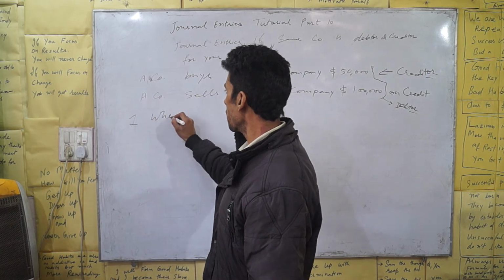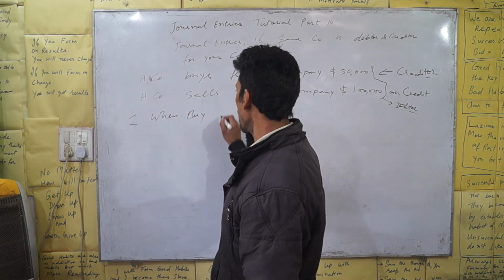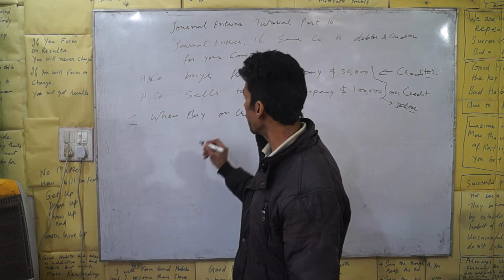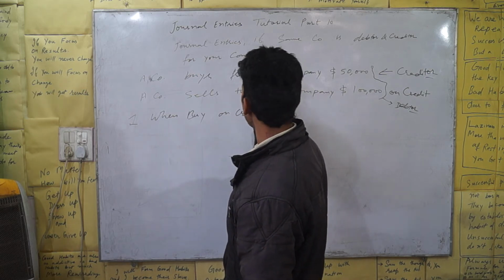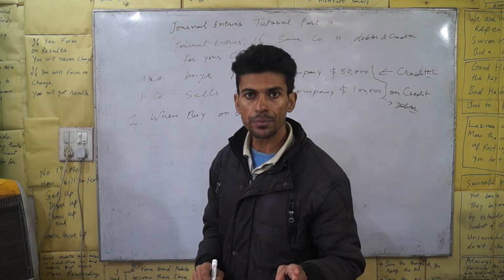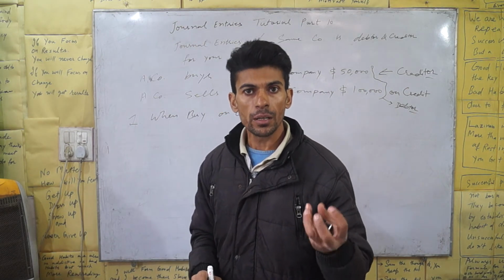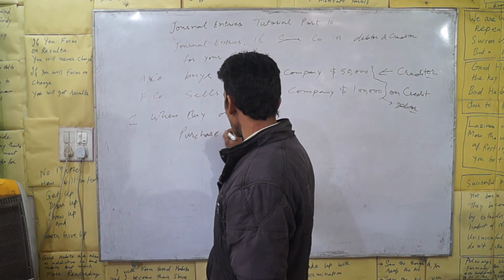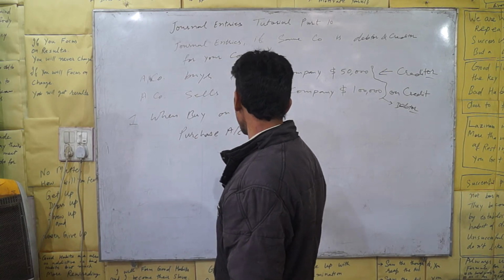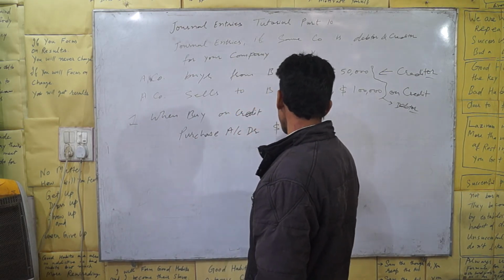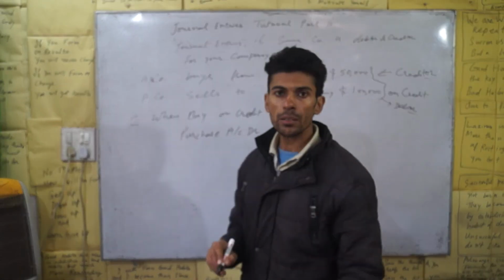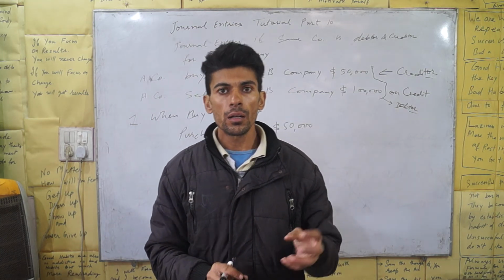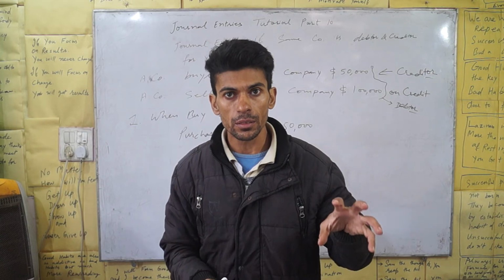When we buy on credit, it means we buy from B company. What comes in? Increase in the asset, we get the goods. So purchase account debit with $50,000 and B company account credit, because he is the giver.